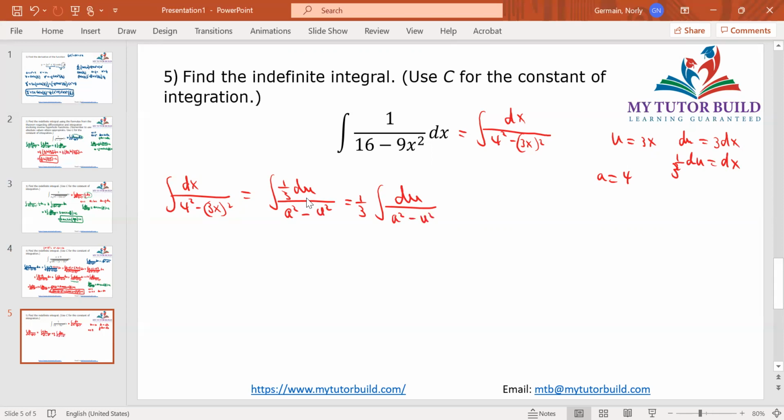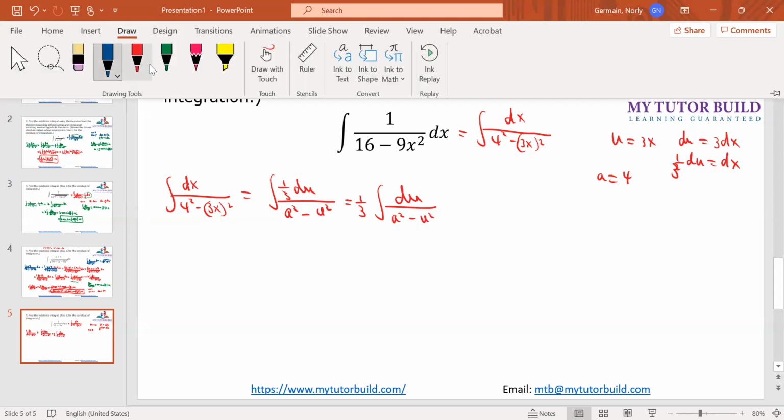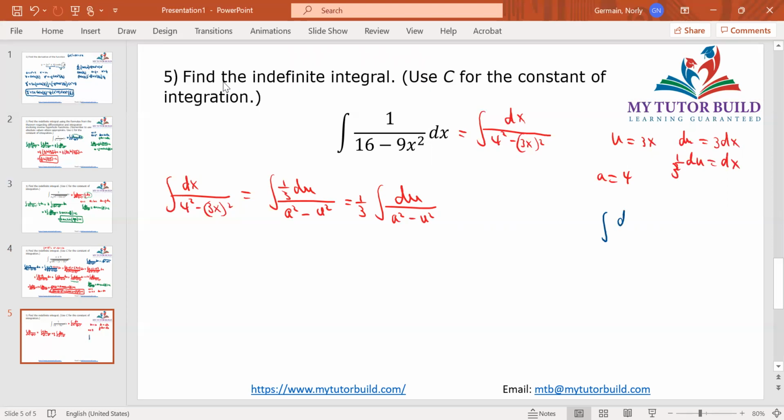In the previous examples, in the first examples, we said that du over a square minus u square would be equal to arc. We can either use ln or we use the arc sinus.